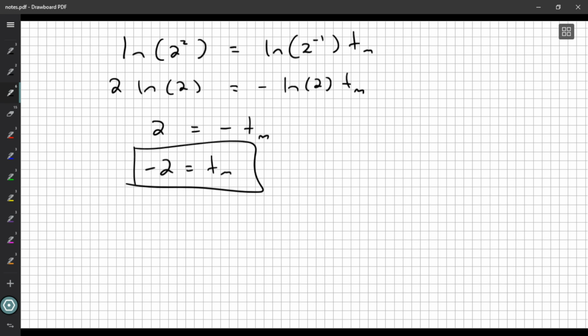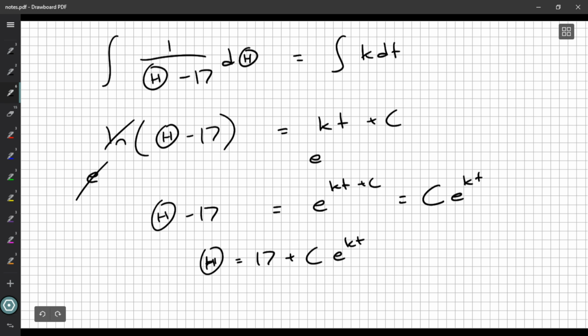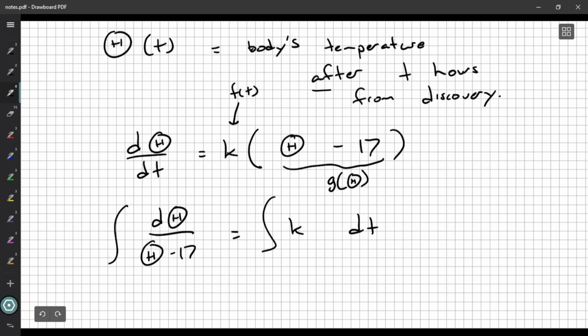So, okay, great, but what's the interpretation here? Well, 10 a.m. is 0 hours into our investigation, or 0 hours into the discovery. Minus 2 would mean 2 hours before, because we're measuring T after T hours.